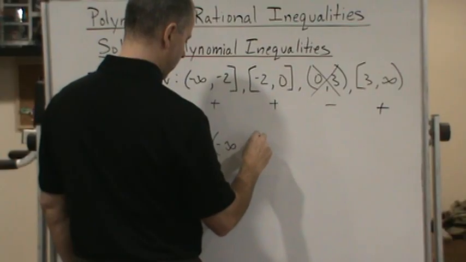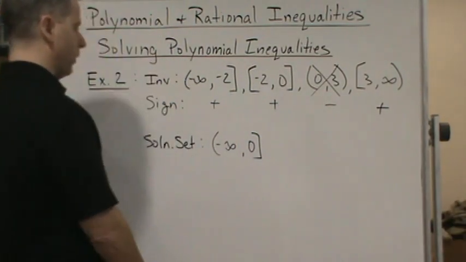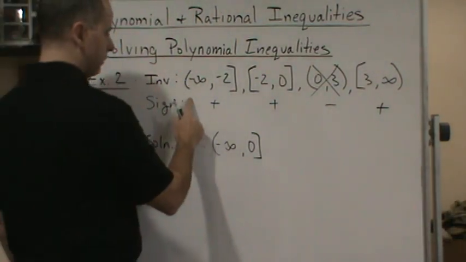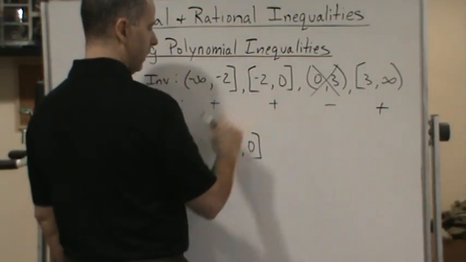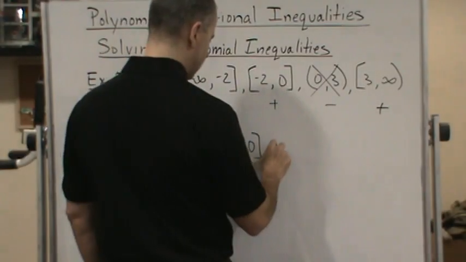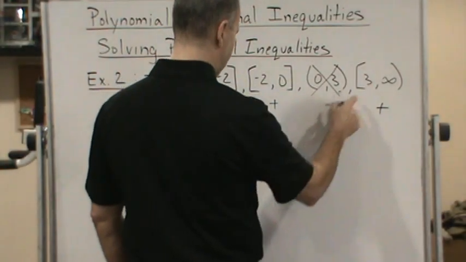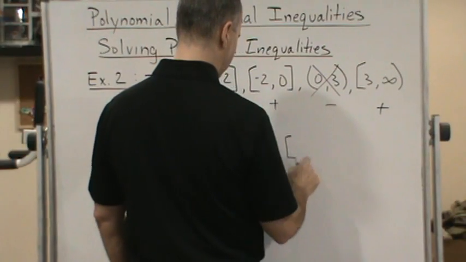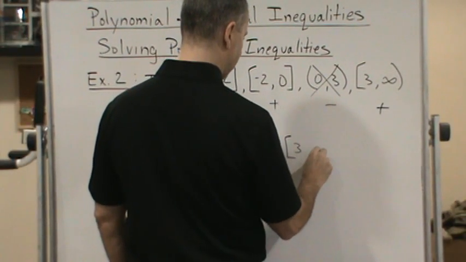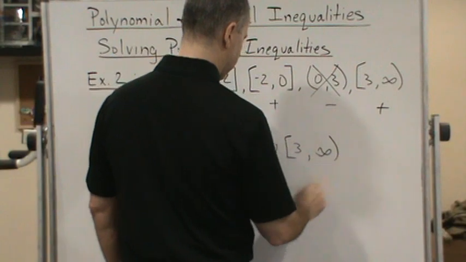So that's the first one, because it's positive or 0 all the way from negative infinity to 0. Then we're going to take the union of the next interval where it's greater than or equal to 0, and that's going to be from 3 to positive infinity.